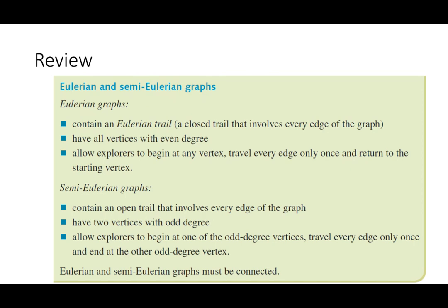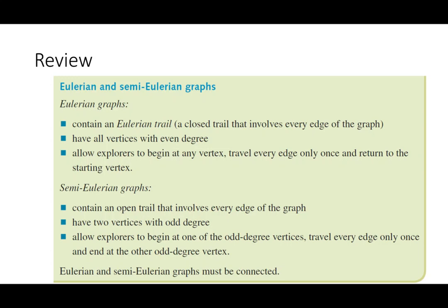Okay, so let's review. So Eulerian. What's the trick to know if something's going to be Eulerian or not? It has all even or two odd. Yes. So if you just said something's Eulerian, is it all even or can it have two odd?